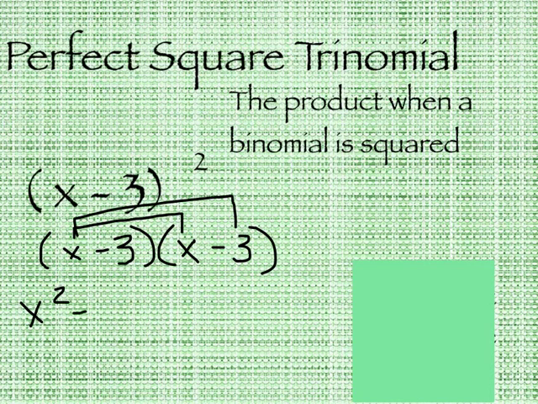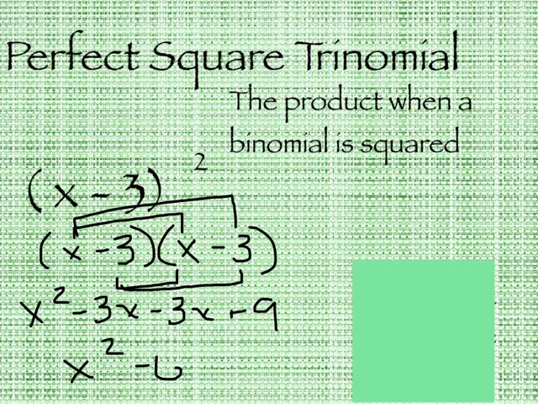X times negative 3 is negative 3x. Negative 3 times x is negative 3x. Negative 3 times negative 3 is positive 9. And we'll combine our like terms to get x squared minus 6x plus 9.